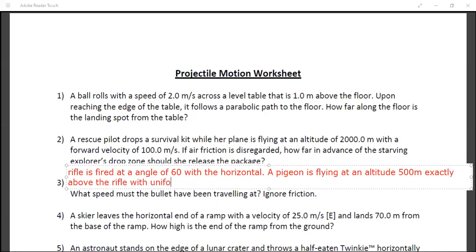The velocity is also not specified. That only I need to find out. So it is flying with uniform velocity, and I need to find the velocity such that the bullet hits the pigeon.